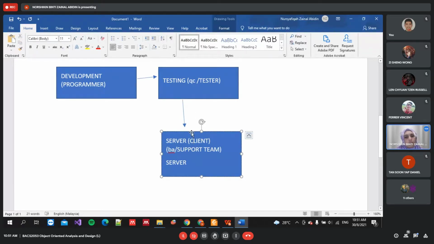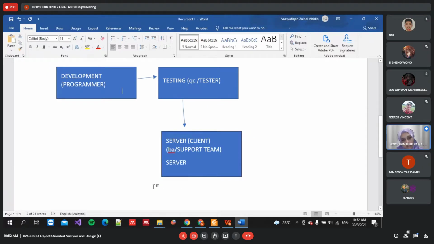So yeah, they will deploy into a server. Going live is a process where the user will use their product or a software, but don't mix going live with deploy.